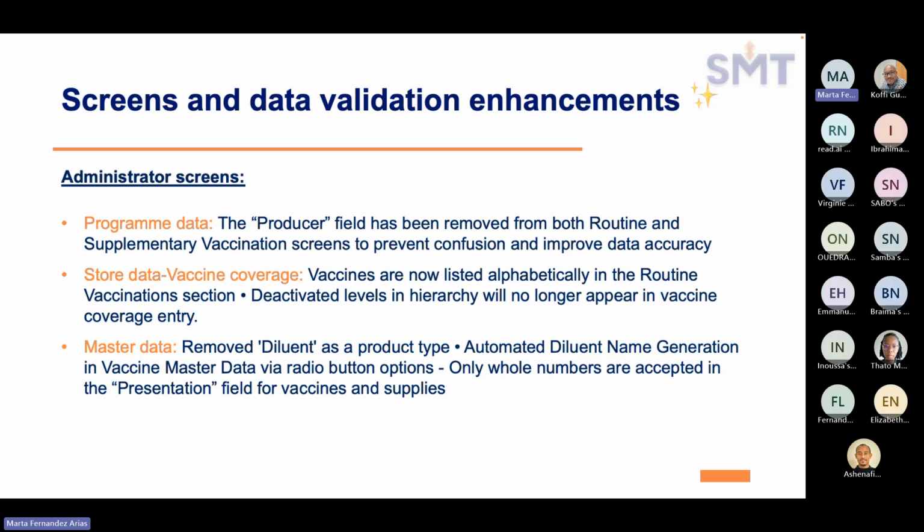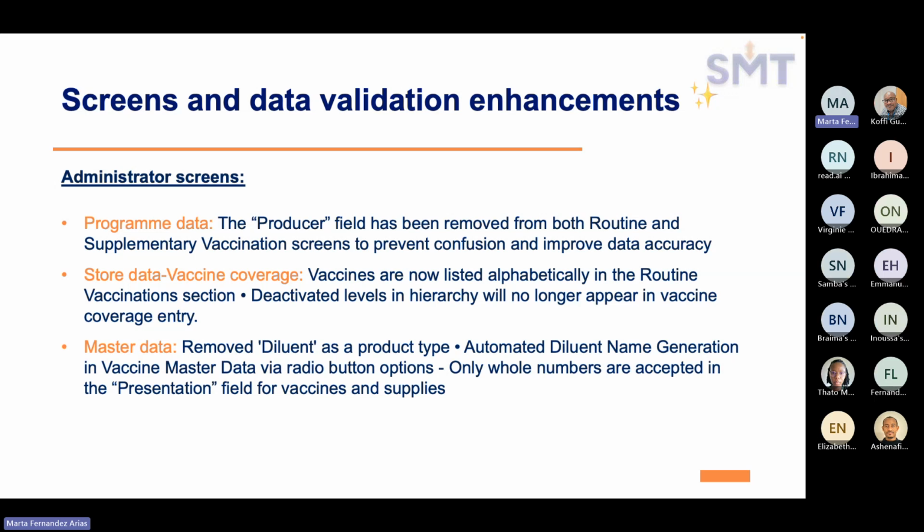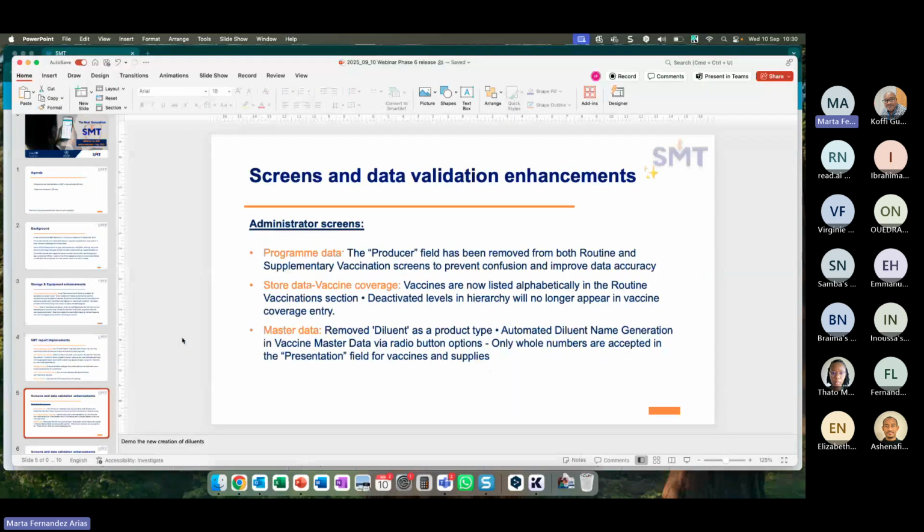This was creating issues because of the naming format. Sometimes the item would duplicate and was creating data quality problems as well. So we have now made the diluent name automated. I'm going to show you how that looks.